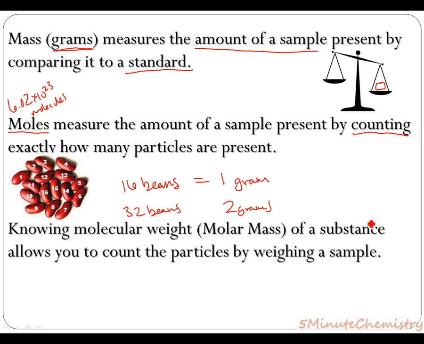So that's the general idea. Now, the way that we use this in a chem lab is we can put a sample on a balance and we can get its exact mass, which will tell us pretty precisely how many moles or molecules we have.